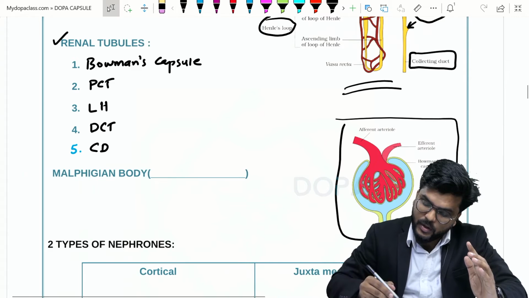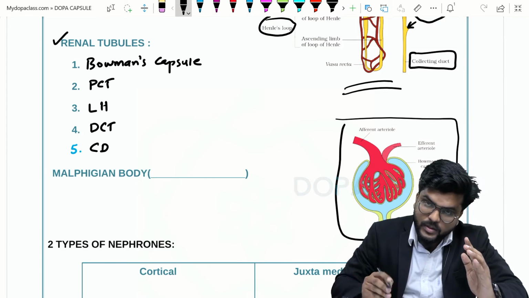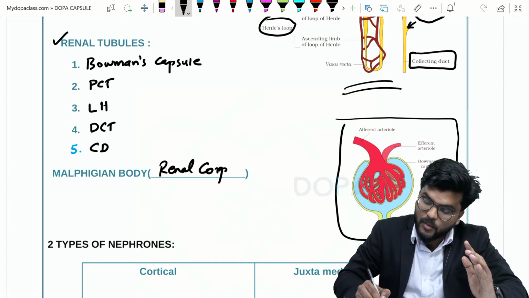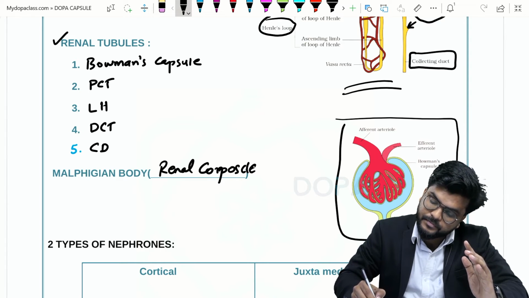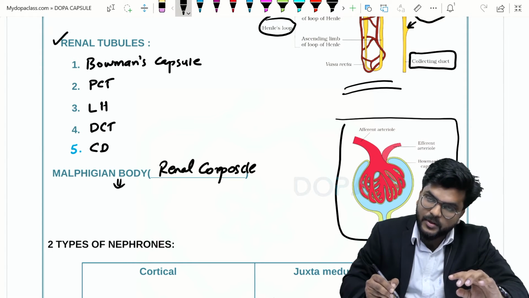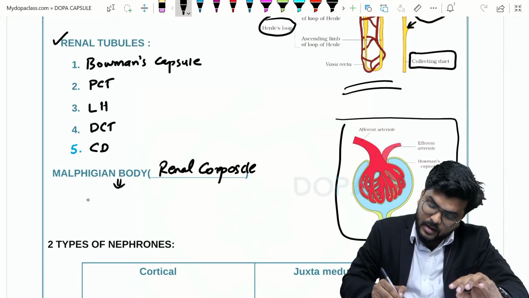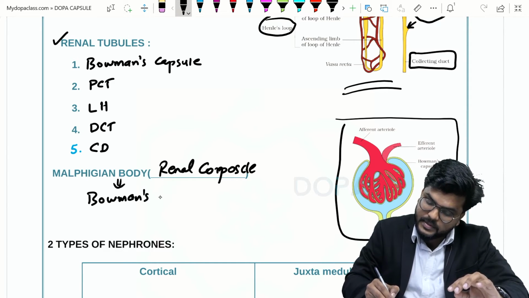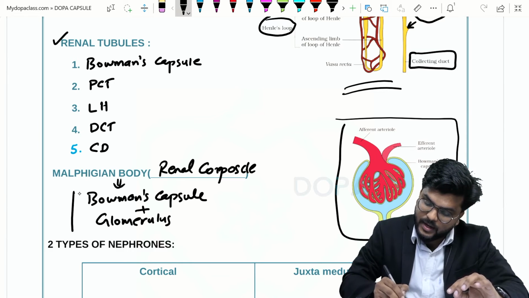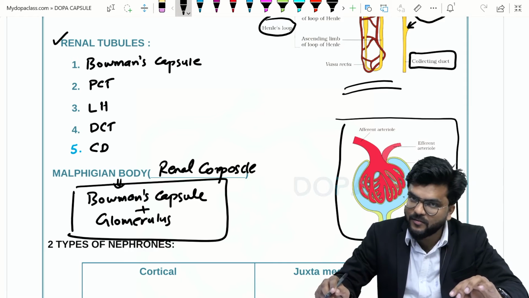The Malpighian body is also called a renal corpuscle, and this is the collective terminology given to the Bowman's capsule as well as the glomerulus. So the Bowman's capsule and glomerulus are collectively called the Malpighian body.